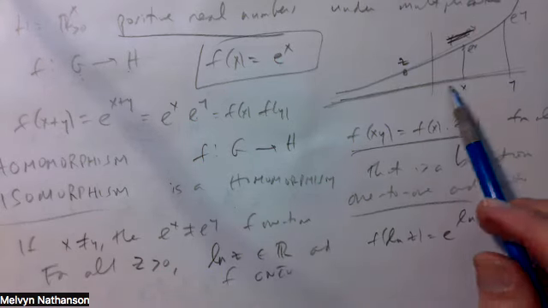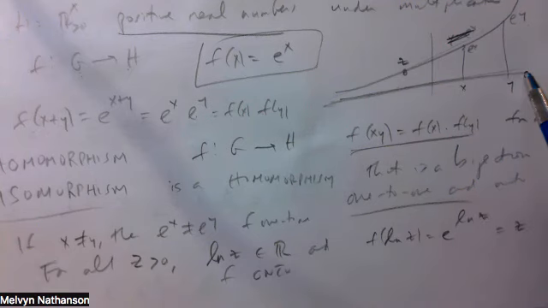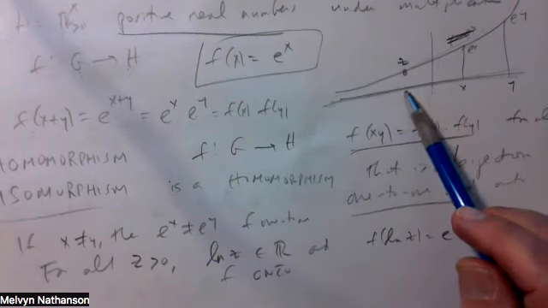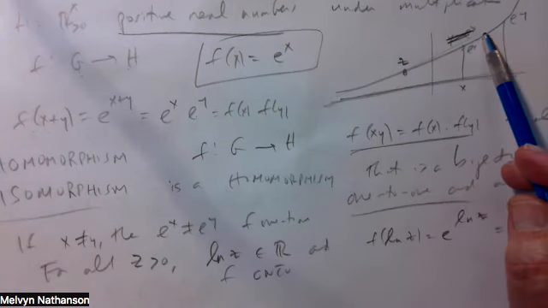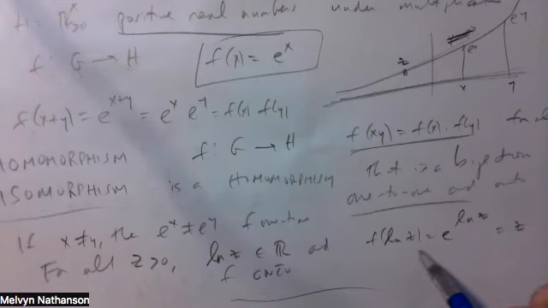So this function, e to the x, from the real numbers as an additive group to the positive numbers as a multiplicative group, is an isomorphism. And even though the real numbers under addition and the positive real numbers under multiplication look like different groups, from the point of view of group theory, they are isomorphic. That's another word for saying that as groups, they are the same. They're essentially the same.